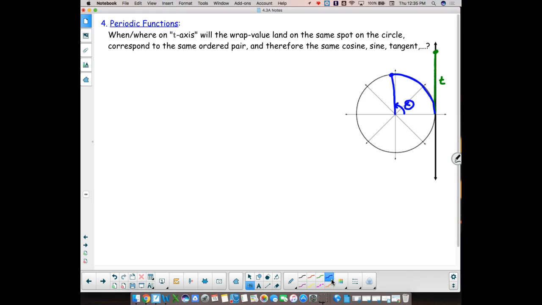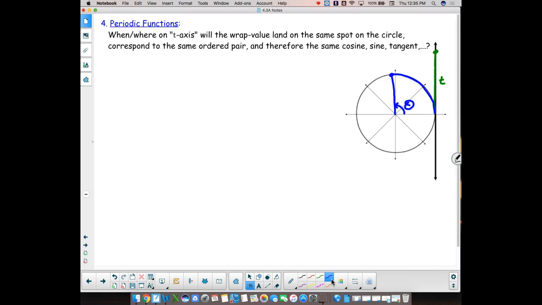Why 2 pi? Because that's one more revolution around the circle. One more lap around the circle, right? So if I go over here to Sarah Colehap's wonderful unit circle, and let's say that I'm at pi over 3. At pi over 3, my cosine value is 1/2. My sine value is the square root of 3 over 2.